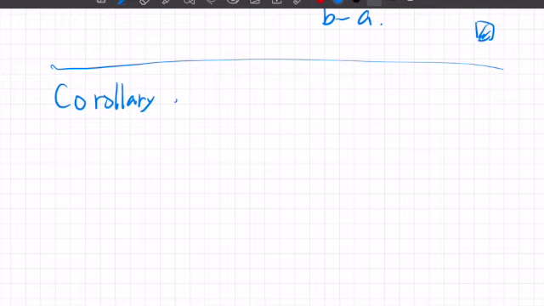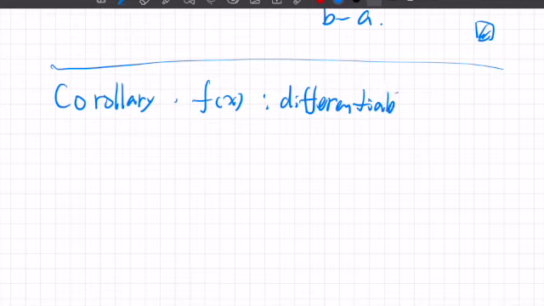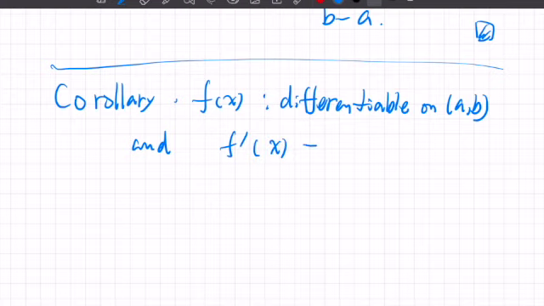Suppose f of x is a differentiable function on this open interval between a and b, and identically its derivative is 0.